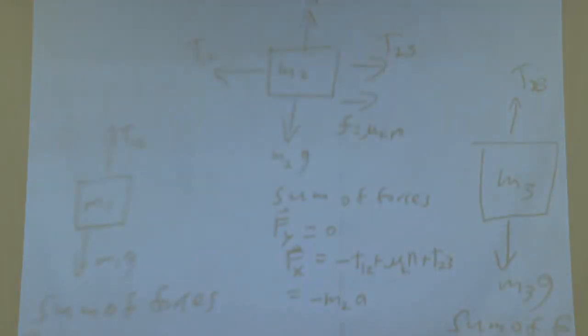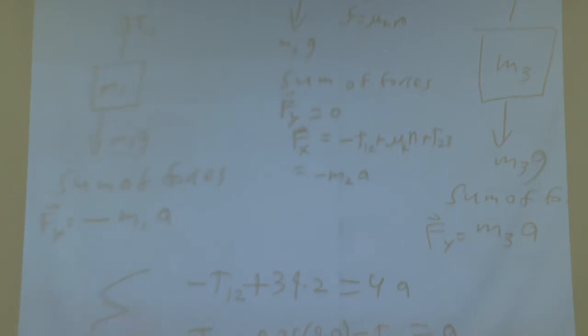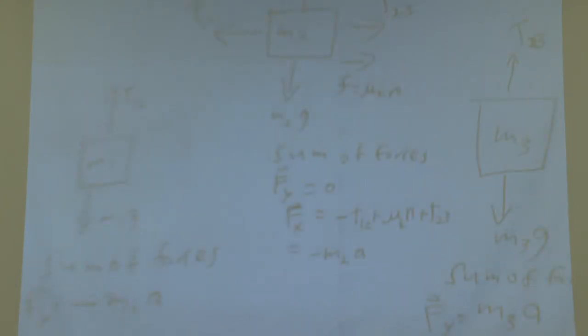So we decided to say, well, that means that the force on m1 is going to be negative. Okay, the force is equal to negative m1 a. The force over here is going to be positive m3 times a. And here, we're going to just say that that's negative as well.